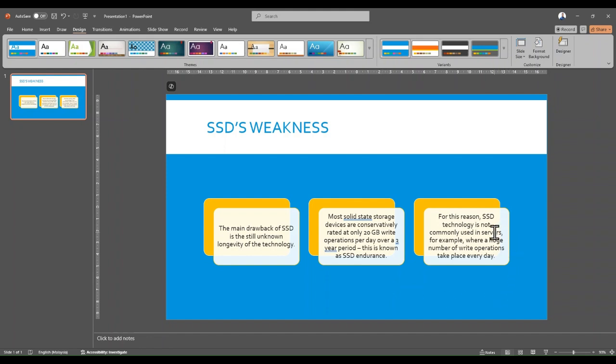But if you think about it, servers don't serve one person. A server can serve 800 people, maybe more, depending on how big the server is. So if you put an SSD into the server, and it serves 800 people, 800 people are using this server.